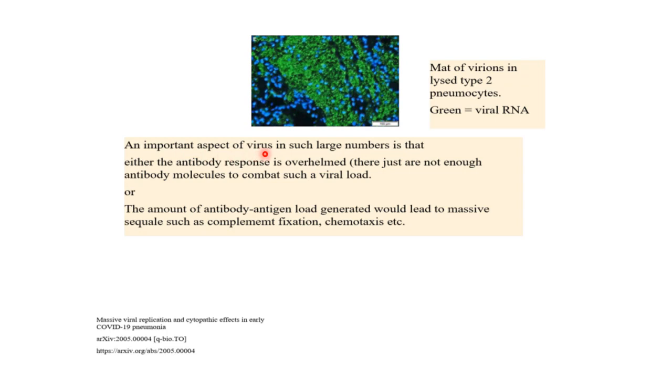One important aspect of a virus in such large numbers is that either the antibody response is overwhelmed, there just aren't enough antibody molecules to combat such a viral load, or the amount of antibody-antigen load generated would lead to massive sequelae such as complement fixation, chemotaxis, etc.